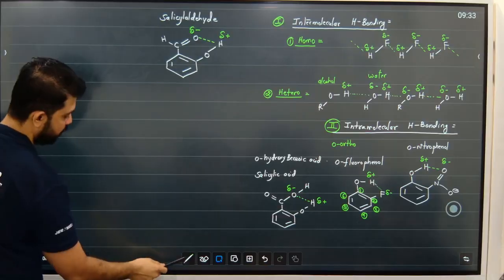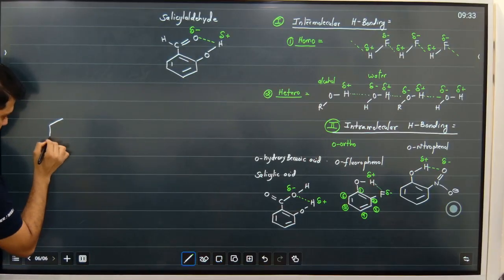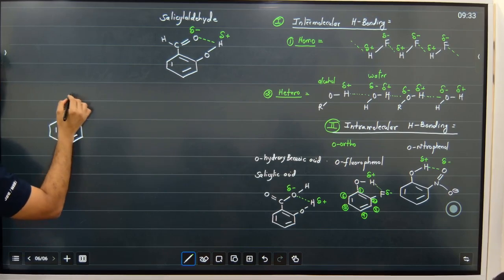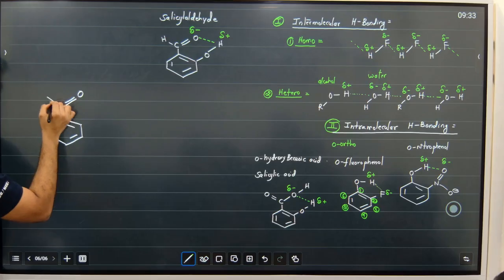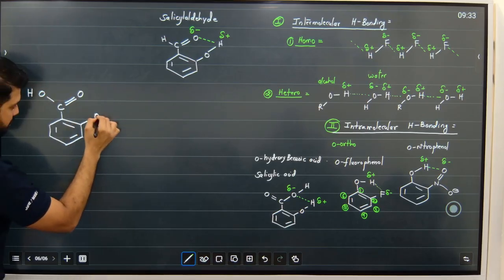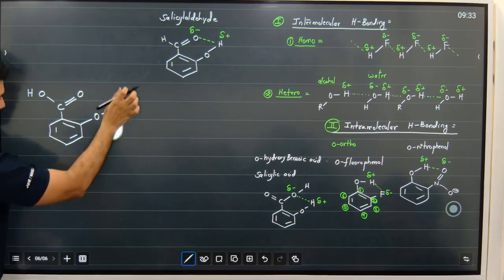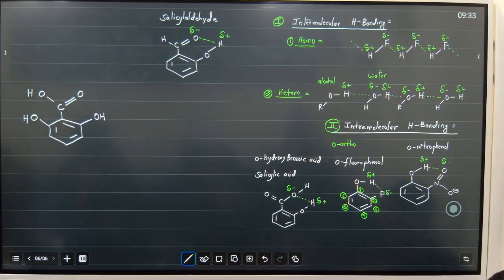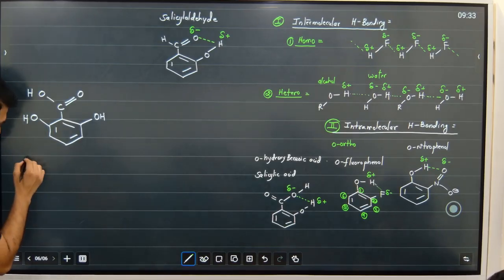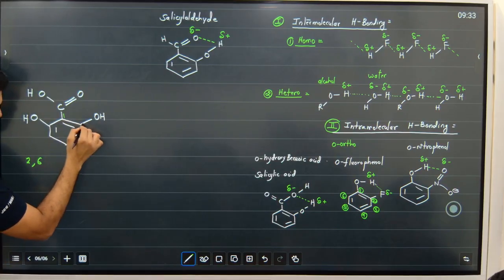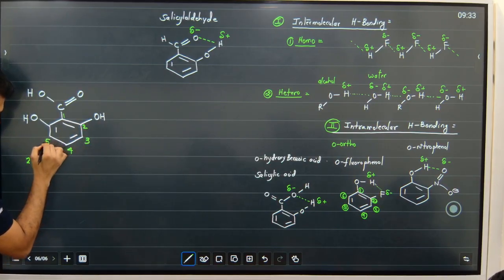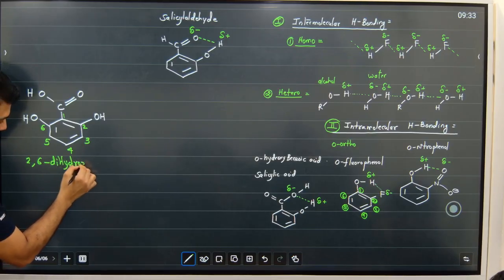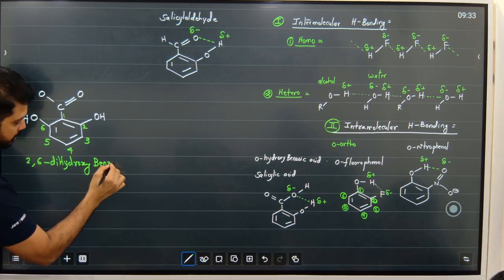So that was example number 4. Next example that we have, the acid here is called 2,6 dihydroxy benzoic acid.